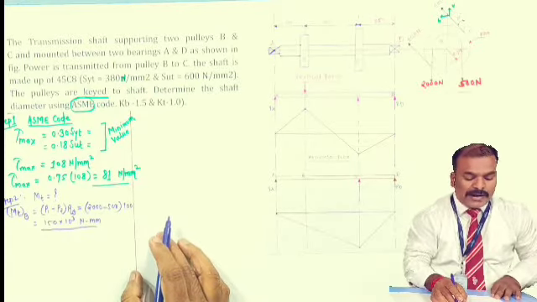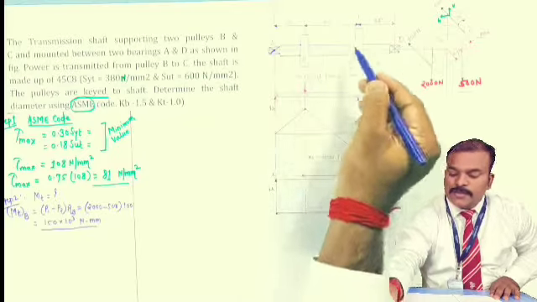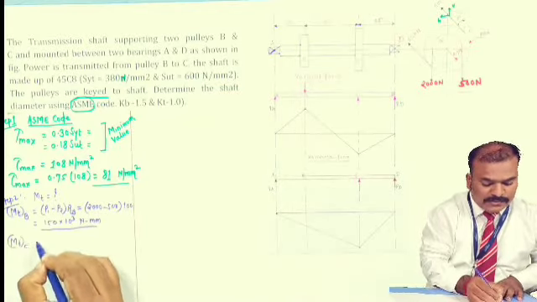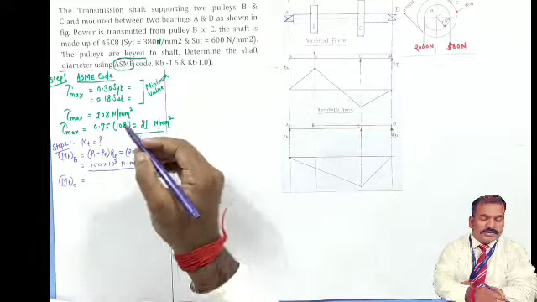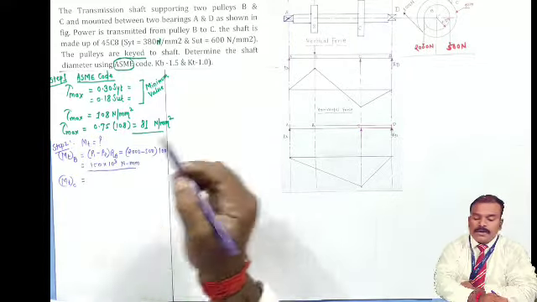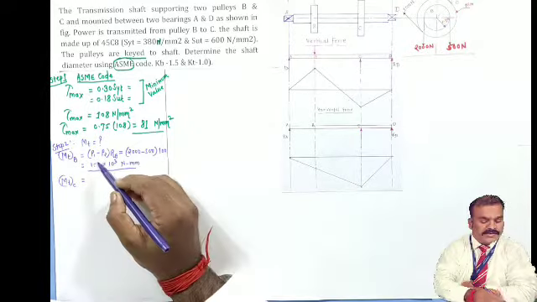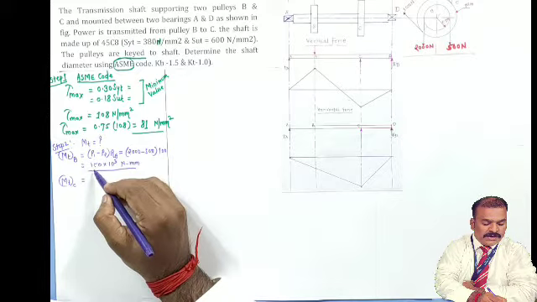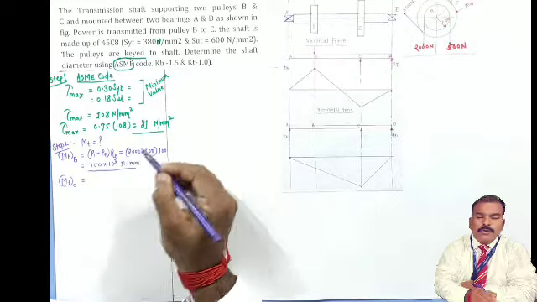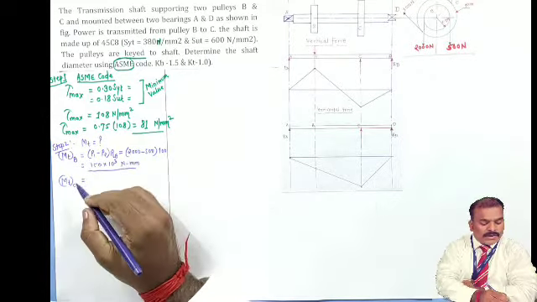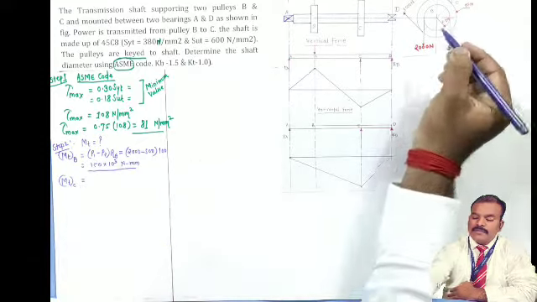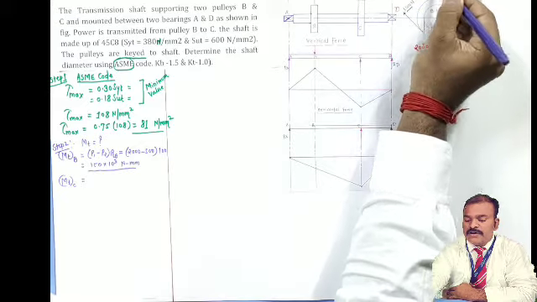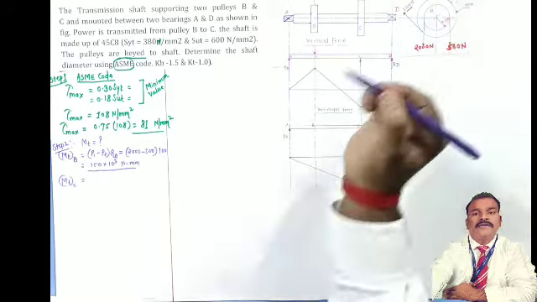After that, we'll have to calculate the torque developed by pulley C, that is the bigger pulley, MTC. For the smaller pulley B, torque is tension on tight side minus slack side into radius, through which I got 150 kilonewton mm. That will be the torque. Now for the bigger pulley C, it has tension 1500 and 500 on the slack side.